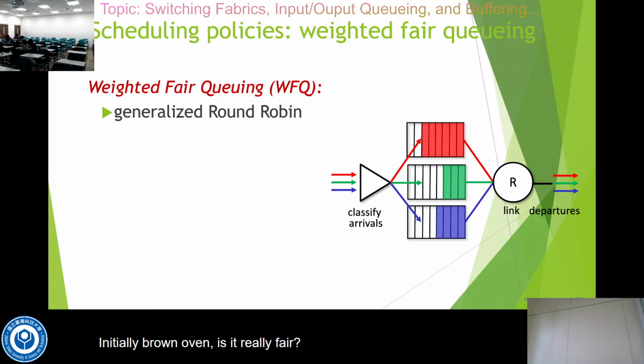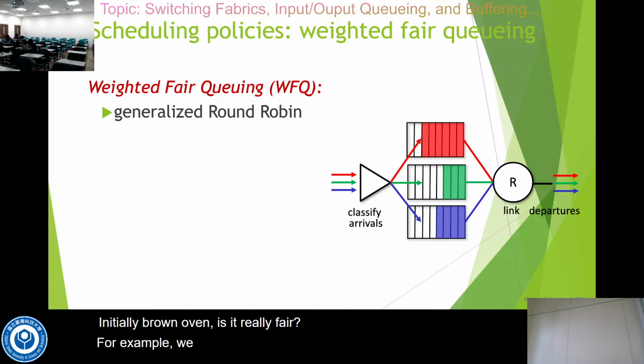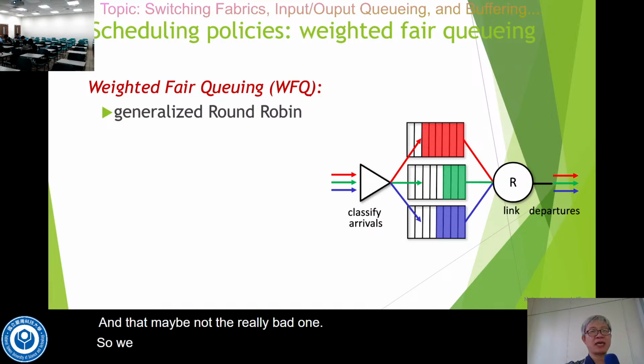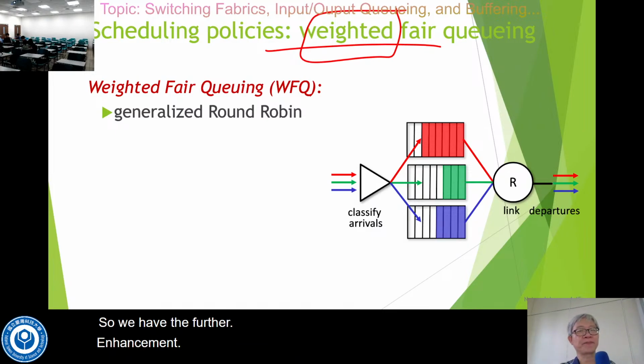For example, we have different queue sizes, and that maybe is not really fair.